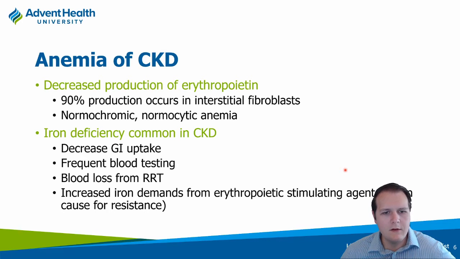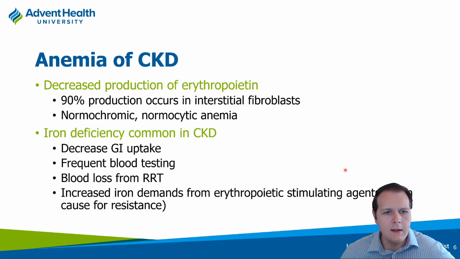You're also going to find that patients with chronic kidney disease typically have issues with both anemia and iron deficiency related to several factors. Some of it is related to the fact that if they're going in for renal replacement therapy frequently, going for dialysis, they're having some blood loss related to that. Most of these patients are going to be on Monday, Wednesday, Friday dialysis, and so that's a lot of blood over time that they'll be missing.